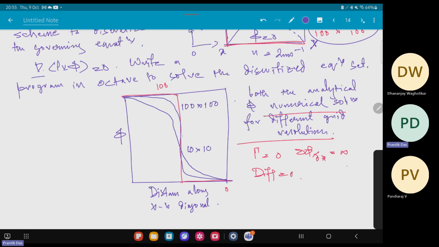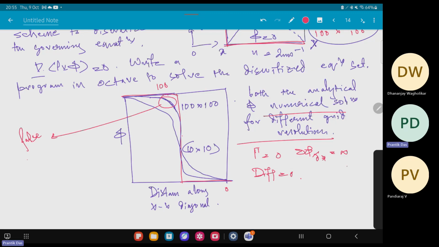Here we are seeing that d phi dx itself is finite at this point, where it should not be. d phi dx is 0 at this point, but it is finite when you find it numerically. This phenomenon is called false diffusion.